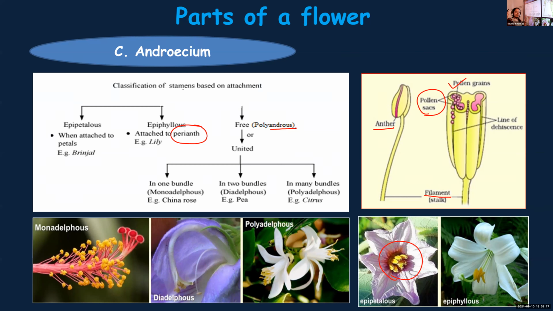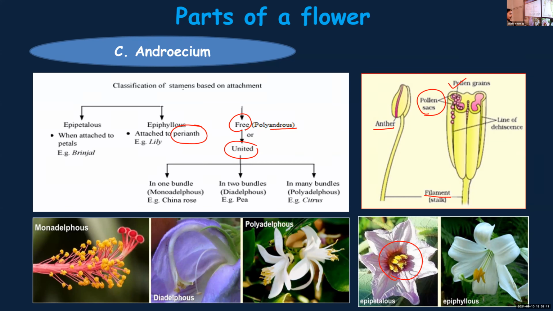When stamens are free, you're not calling it as polystamen, but polyandrous, androecium. Stamens are either free or united.